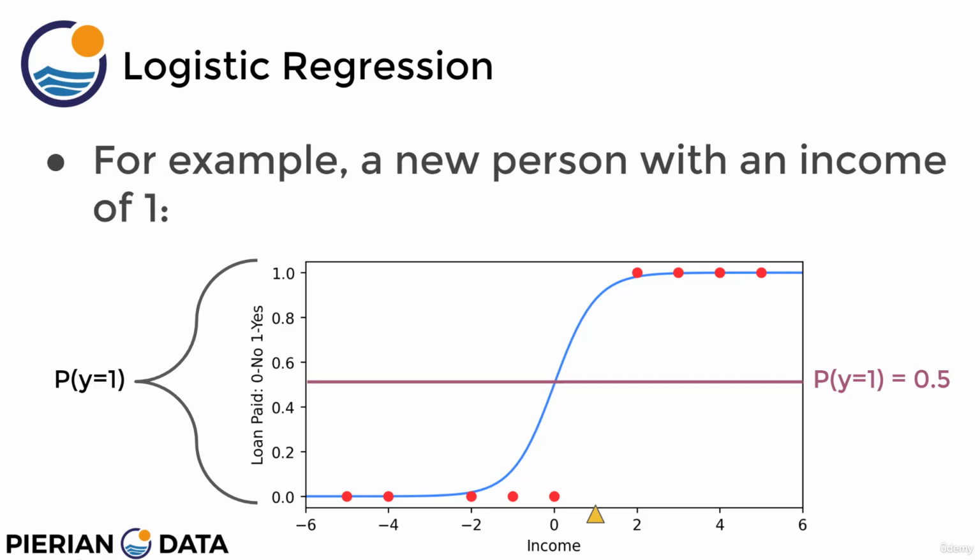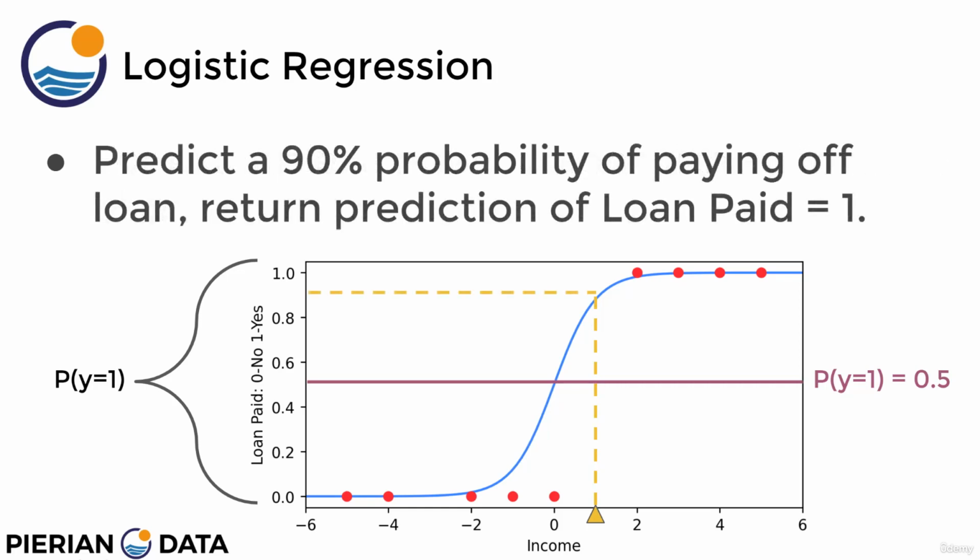So for example, let's imagine a new person with an income of 1, noted there by the yellow triangle. I can see where that value of x actually intersects with this logistic regression fit. And then I would look over to the y-axis, and I can see that it's 0.9. So essentially I'm predicting a 90% probability of someone paying off their loan if their income is 1.